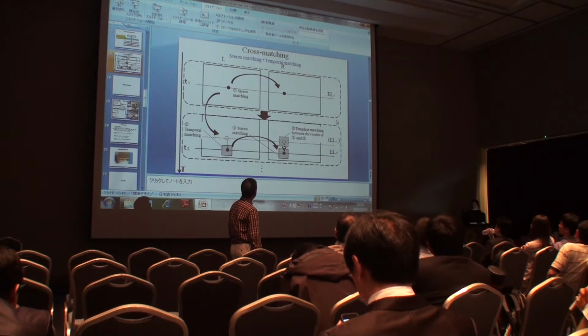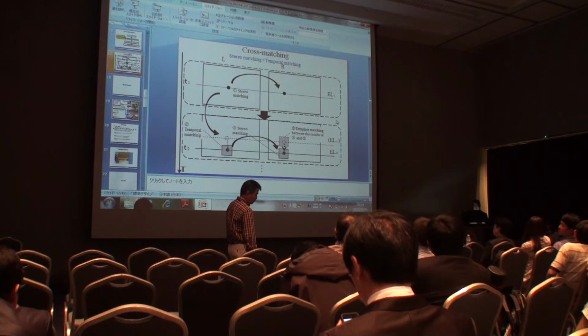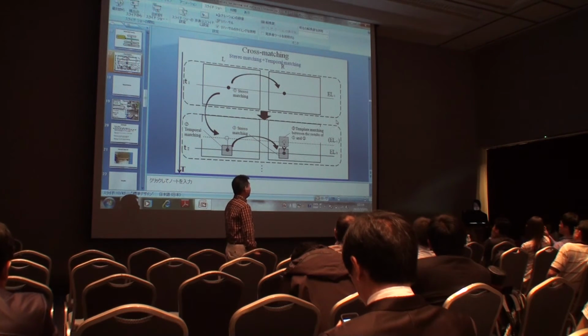Cross matching is composed of stereo matching and temporal matching. If either stereo or temporal matching occurs, it caused error.